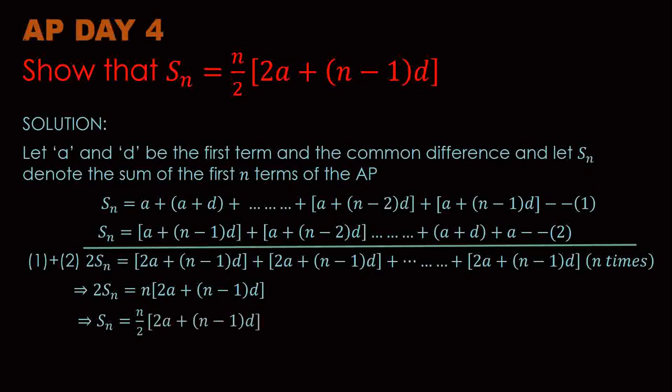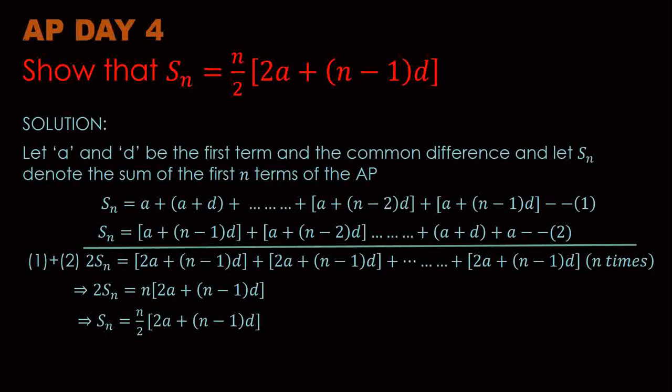So this is the formula of the sum of the n terms of an AP. I want you to go through it a few times before you actually start with the problems. Get used to the formula, practice a few times, and only then go to the questions.